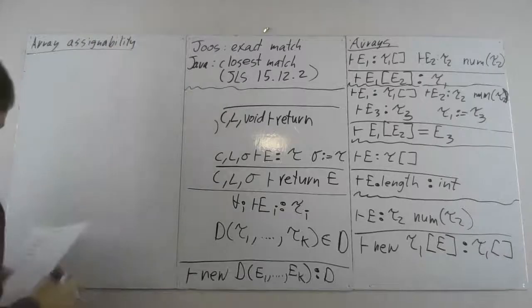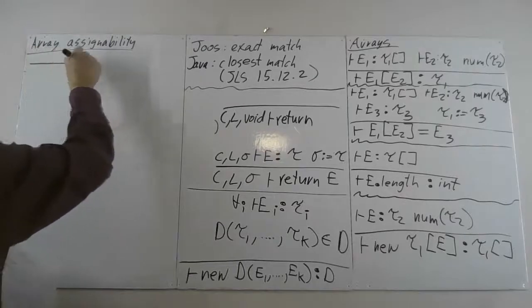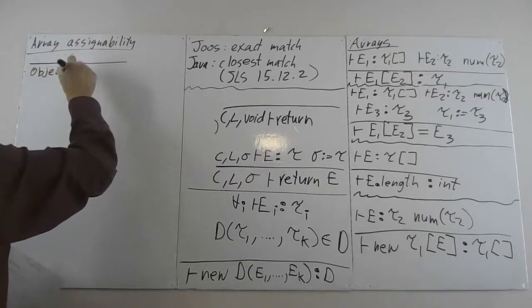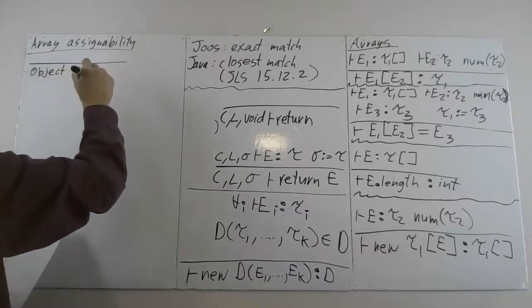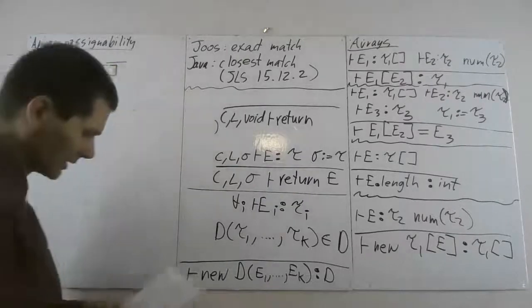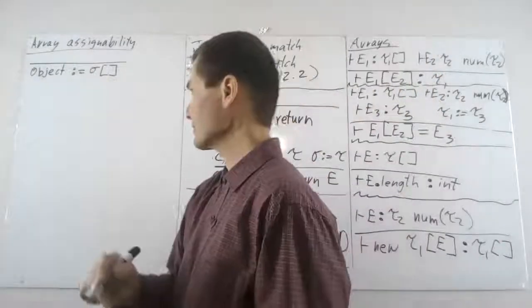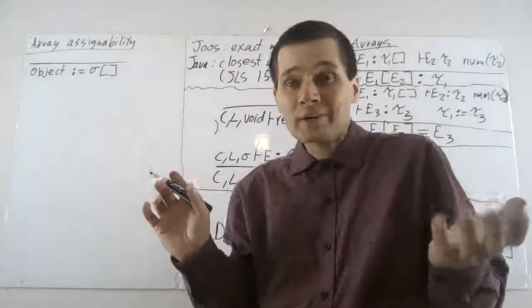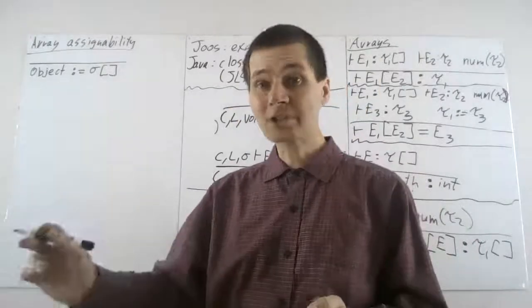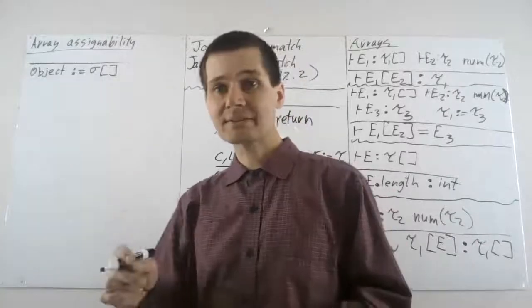Okay, so what can you assign arrays to? Well, if I have an expression of an array type, of any array type, I can assign it to a variable that has the type object. This is a little bit weird because normally if a variable has type object, you only expect it to have objects in it, and objects are things that have fields and methods.